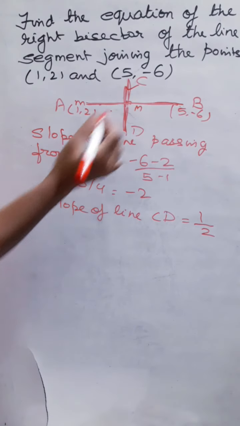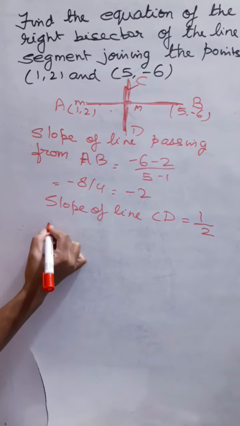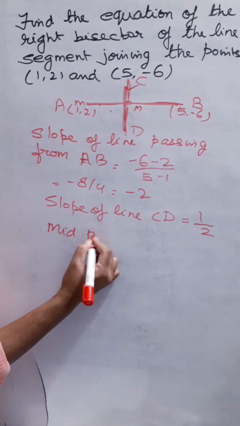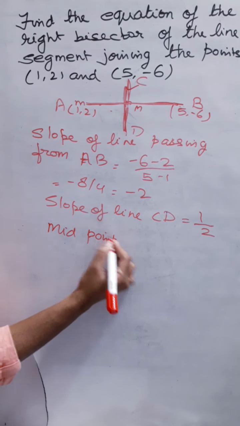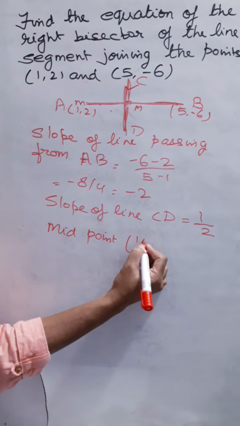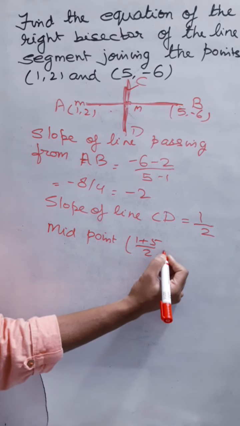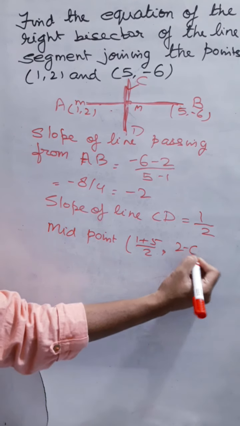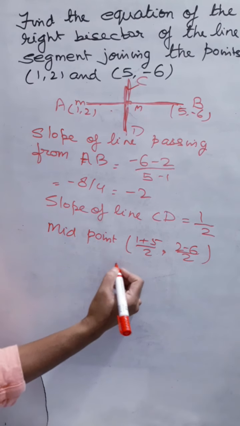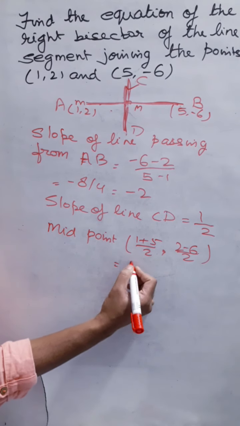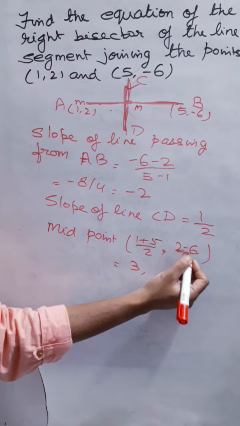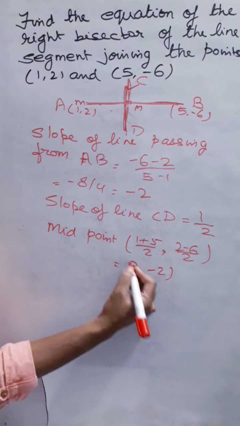Now I need to find the point M. So the midpoint, using the midpoint formula, is ((1 + 5)/2, (2 - 6)/2). So here 6 by 2 is 3 and this is -4 by 2, which is -2.